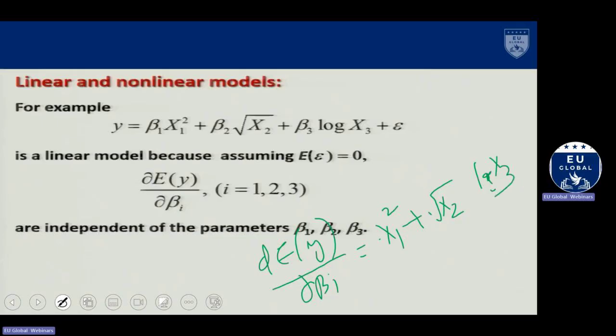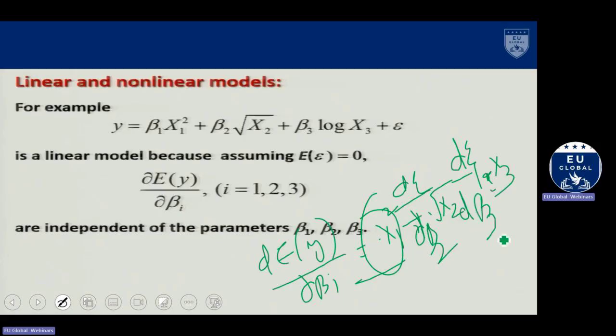So dE/d(beta 1) is this, dE/d(beta 2) is this, and dE/d(beta 3) is this. We know that these values are independent of beta 1, beta 2, and beta 3, so we can say that this is a linear model, right?